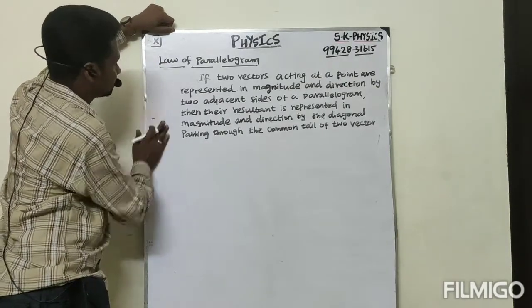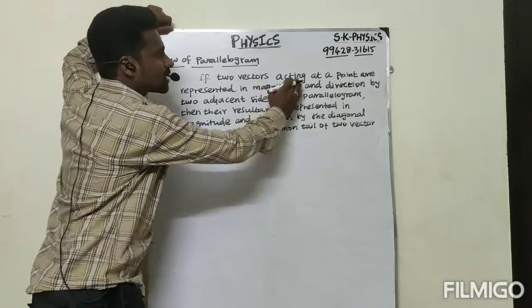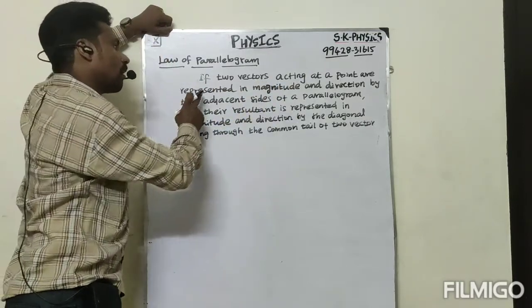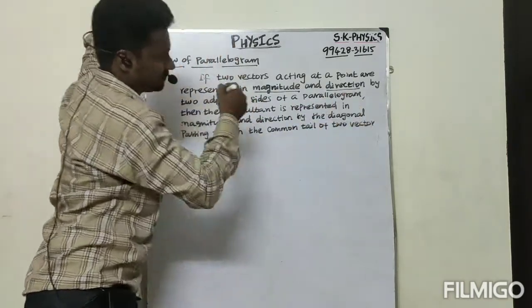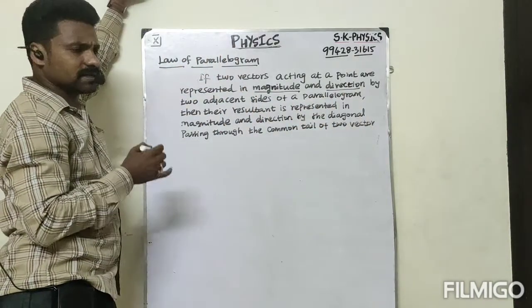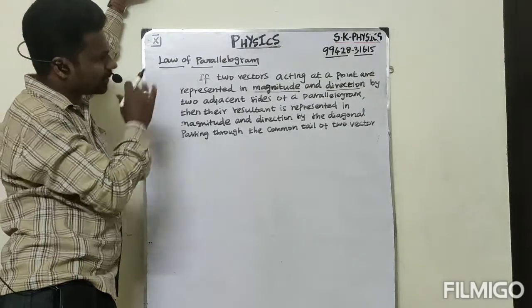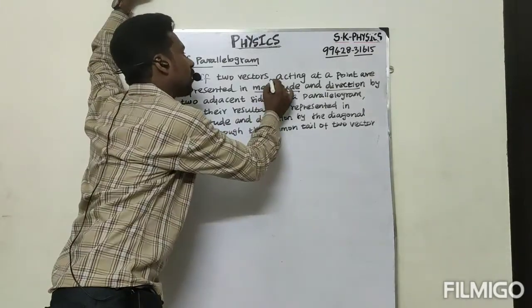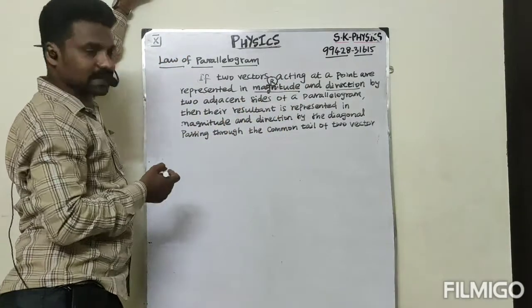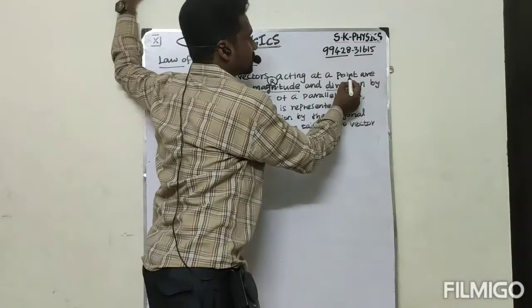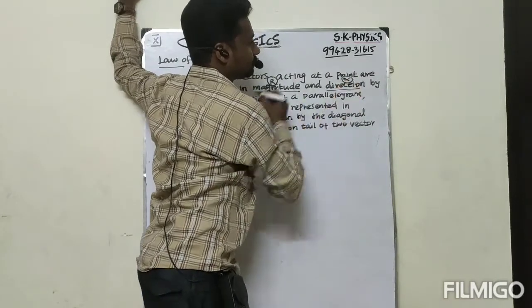Please take this. If two vectors acting at a point are represented in magnitude and direction, this is very important. Generally, the magnitude I take as R, the resultant value, and the direction, that is the angle, I take as alpha.